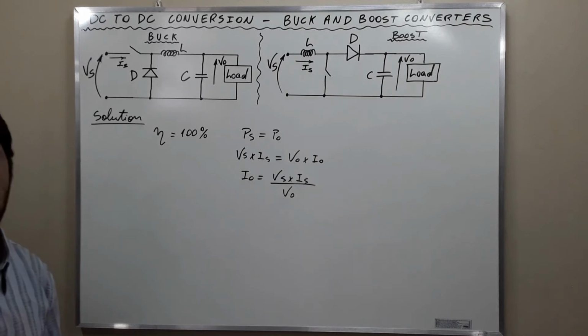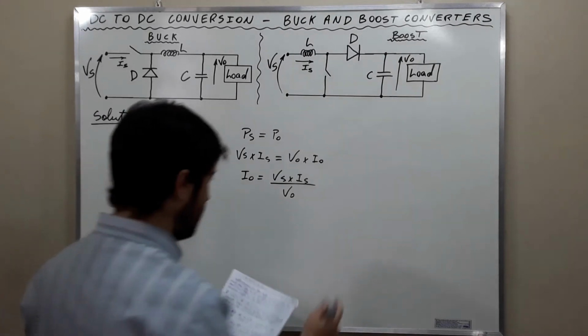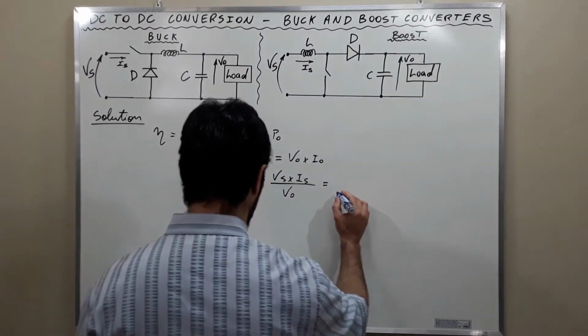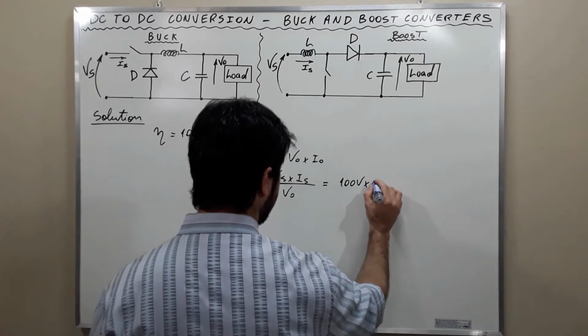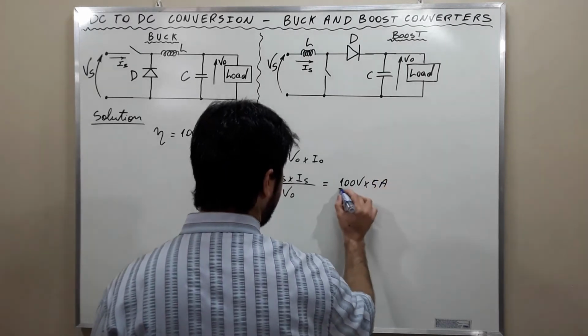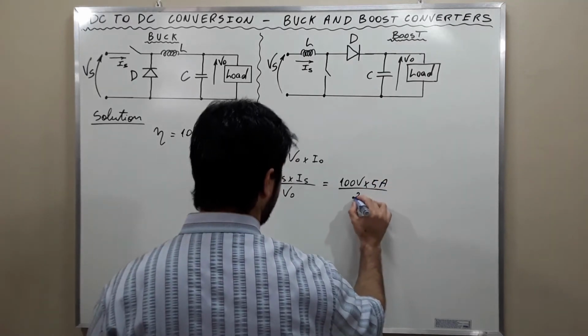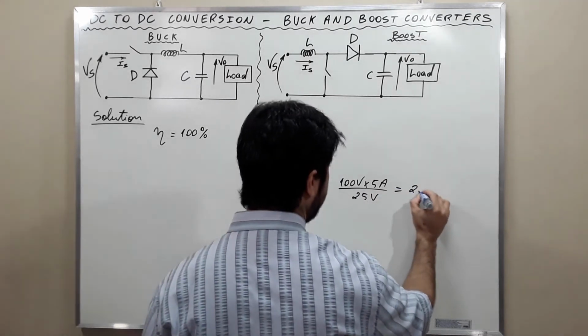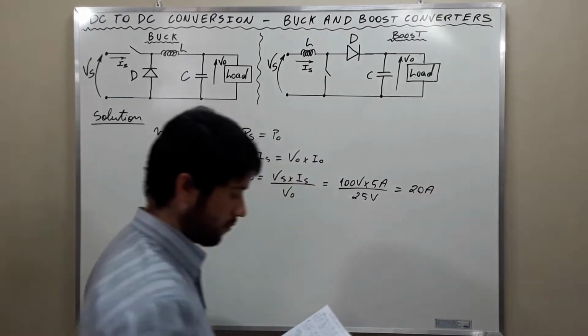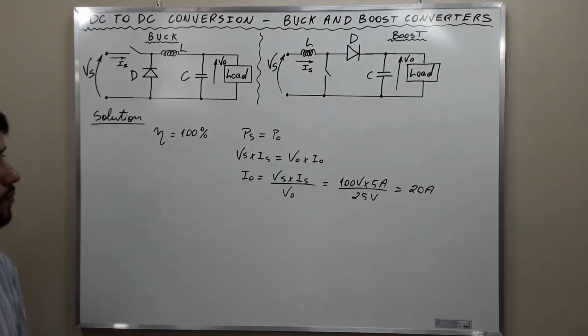Now we can use the data that the exercise provided. 100 volts times 5 amperes divided by 25 volts, which is equal to 20 amperes. So this is the output current.